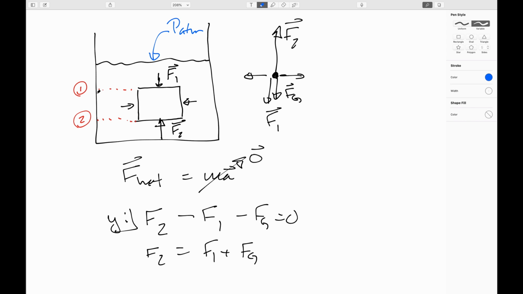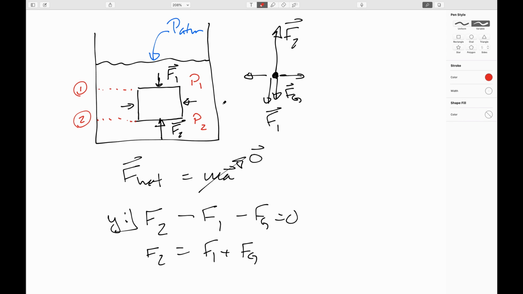Then right here at depth 1, we'll say the pressure is P1, and the pressure at depth 2 is P2. And we know that the pressure has to be the same all the way along, because if it weren't, let's say it were bigger over here on the right, then the force of the fluid on the right would be greater than the force from the fluid on the left, and this cube of fluid would slide around. But we're saying it's not.